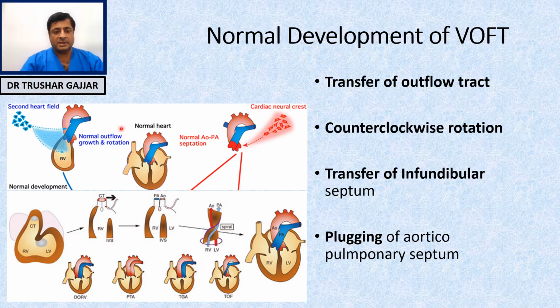There are two more things, the second heart field and the cardiac neural crest. They help in the formation of the ventricular outflow tract. The second heart field helps in growth and rotation of the outflow tract, while the cardiac neural crest helps in development of the aortopulmonary septum.